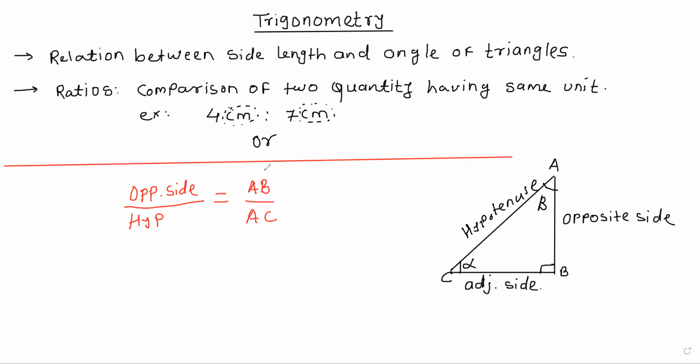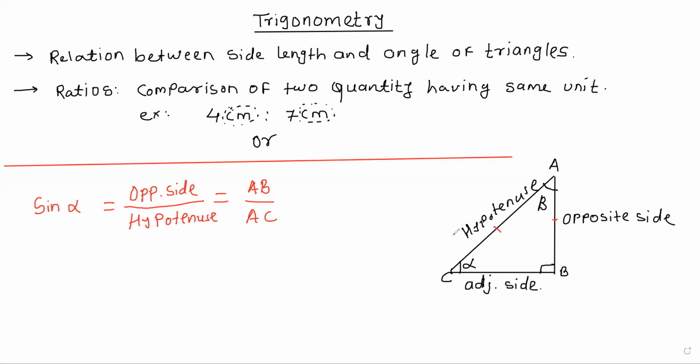Now we got this ratio, and to represent it trigonometrically, with respect to this angle alpha, we name it sine alpha. So sine alpha equals opposite side upon hypotenuse.